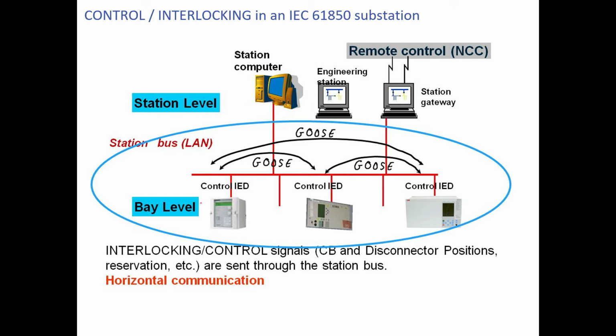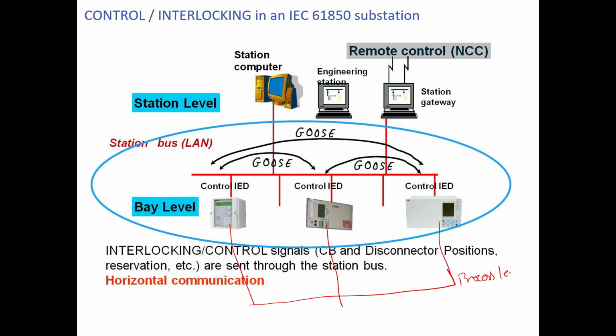So these are the bay level equipments. In 61850, the equipments below the bay level, which are not under 61850, are called process level equipment.